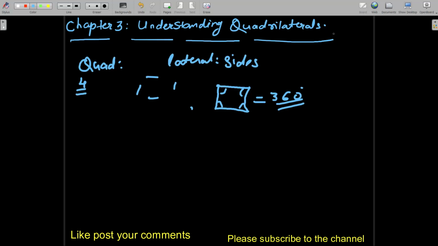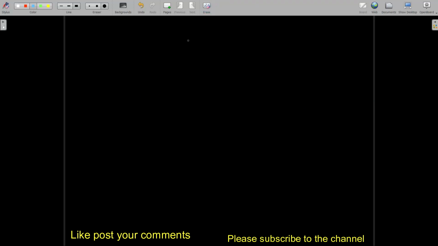Now we have different types of quadrilaterals. They can be categorized as follows. Quadrilaterals: we have one as a rectangle. The second is the square.